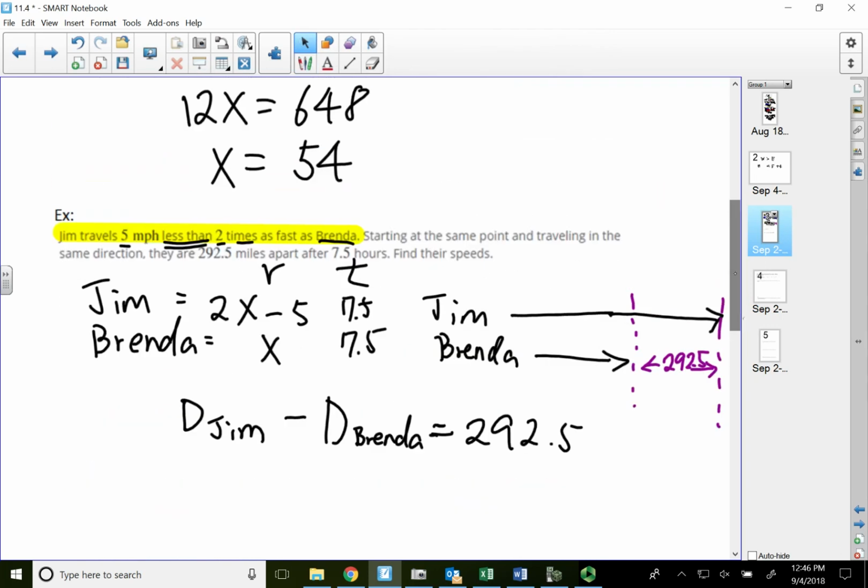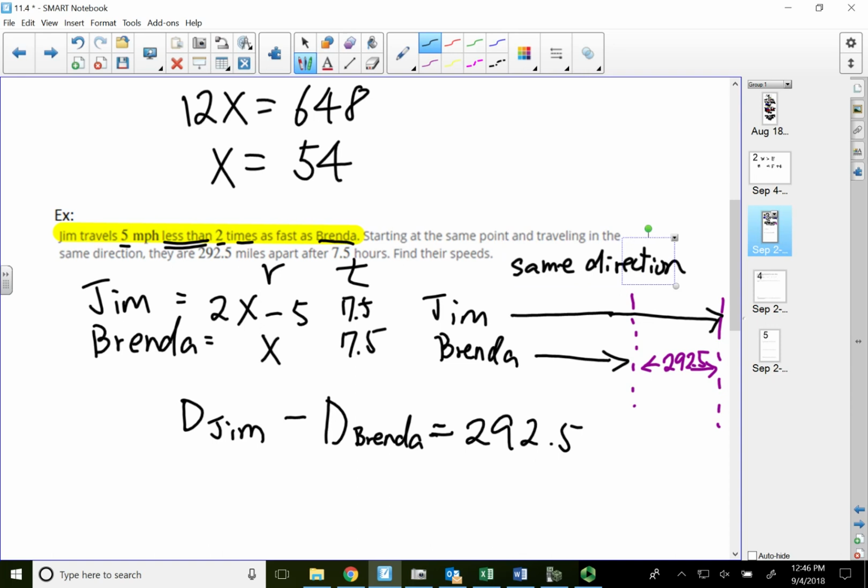This scenario is traveling in the same direction. Distance for Jim, rate times time, that will be 7.5 times (2x minus 5), minus the distance for Brenda, rate times time, x times 7.5, 7.5x. The difference between them is 292.5.